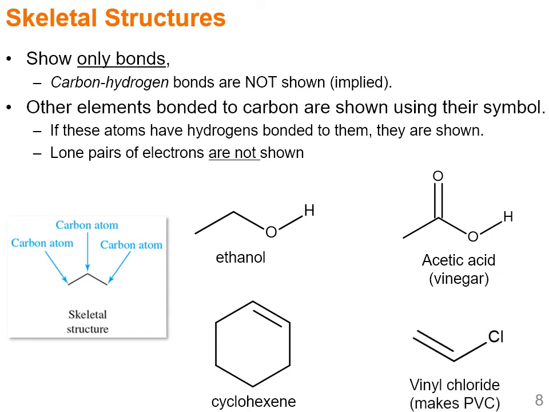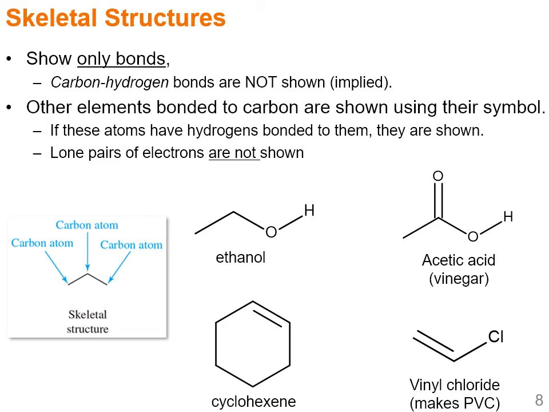In vinyl chloride, which is used to make polyvinyl chloride, PVC pipes, etc., we have one carbon here double bonded to another carbon, which is single bonded to a chlorine. As you can see, hydrogen atoms on the carbons are not shown, they are implied.